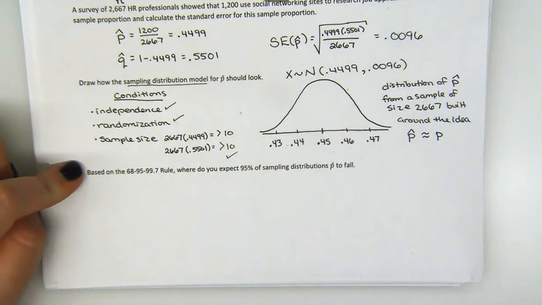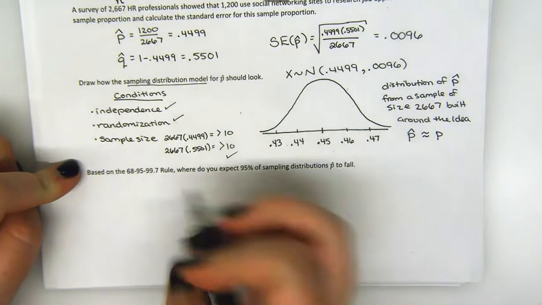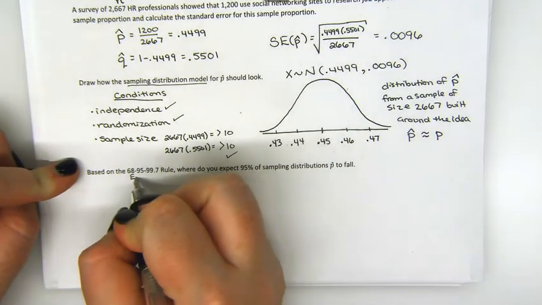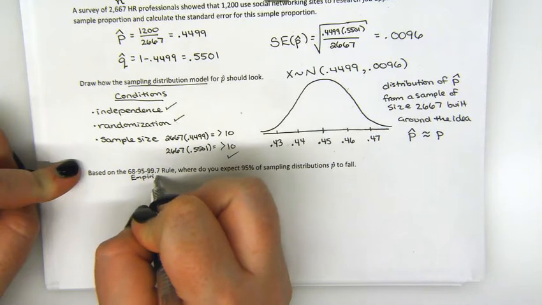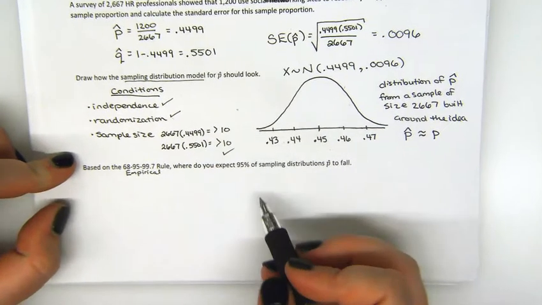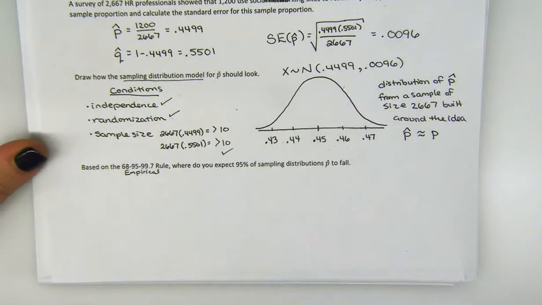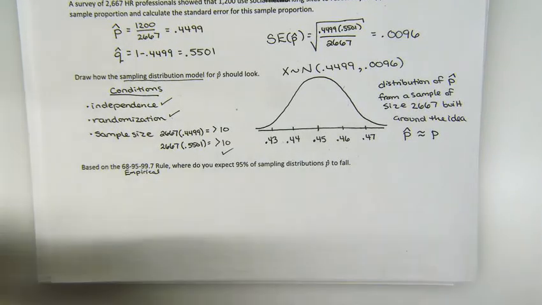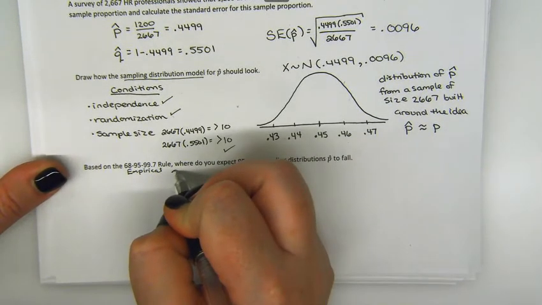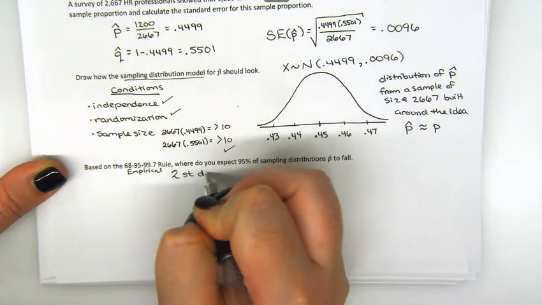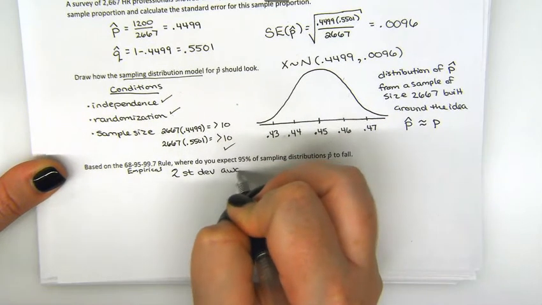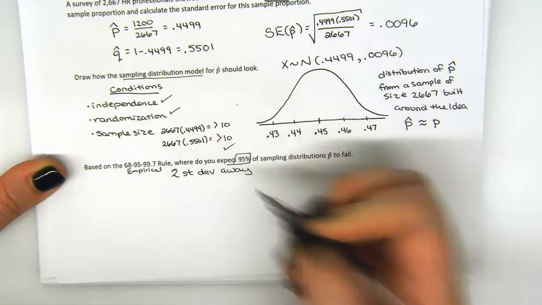So based on our 68, 95, 99.7 rule, or you can also call it the empirical rule, where do you expect 95% of sampling distributions for p hat to fall? So remember our 95 rule said we go 2 standard deviations away to get that 95% out.